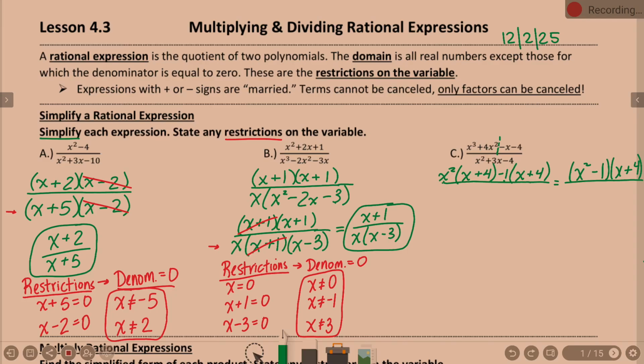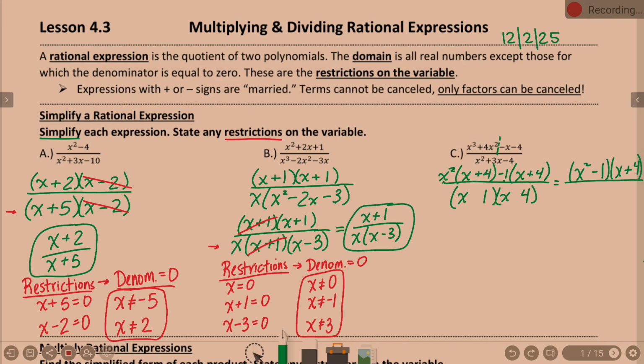Now, we're going to hold that thought on the top. Let's go get this denominator factored. What about x squared plus 3x minus 4? Does that look like maybe traditional factoring there? X squared is x times x, multiplying to be 4. 1 times 4 or 2 times 2, but the pair that could possibly give me 3 is 1 times 4.